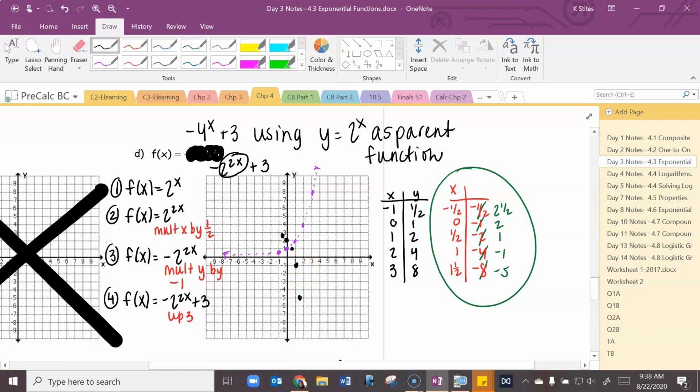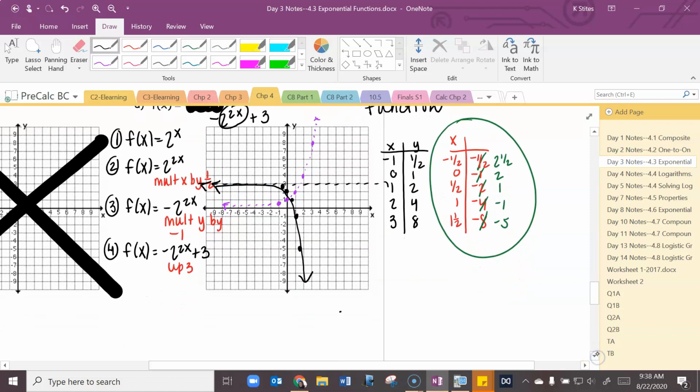And we should know that because our horizontal asymptote originally was at 0, but we moved this whole thing up 3, you're now going to have a horizontal asymptote at y equals 3. And that is when you need to draw it because it's going to assist you to draw your final answer. Okay, so horizontal asymptote is at y equals 3.